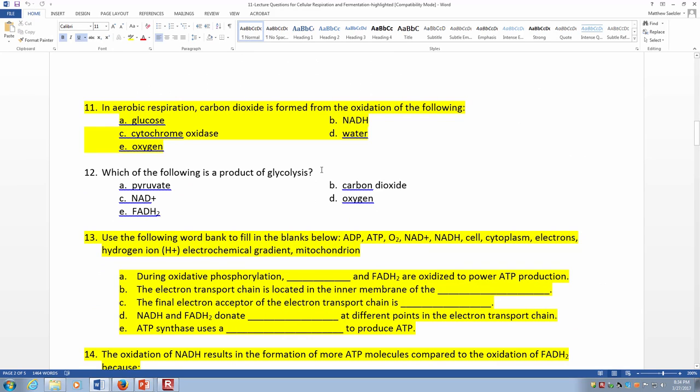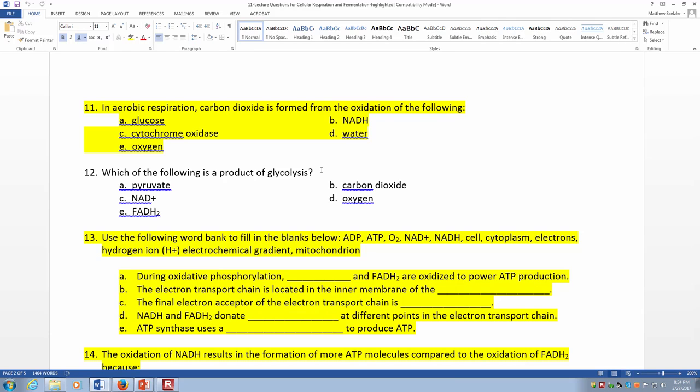this isn't something I explicitly stated, so you should be able to guess what the answer is though. In aerobic respiration, carbon dioxide is formed from the oxidation of the following. Remember you're reducing NAD plus and FAD molecules during this process. Where do those electrons ultimately come from that are being used to reduce those molecules?